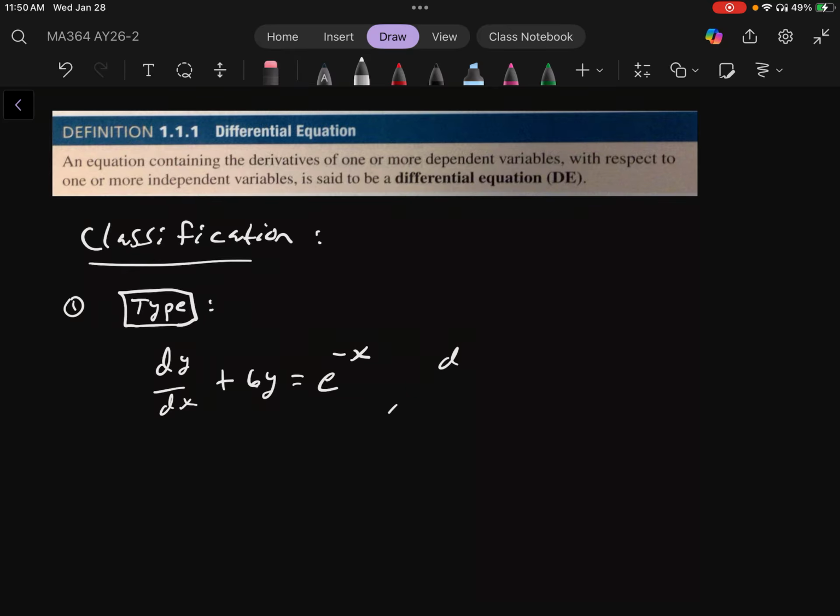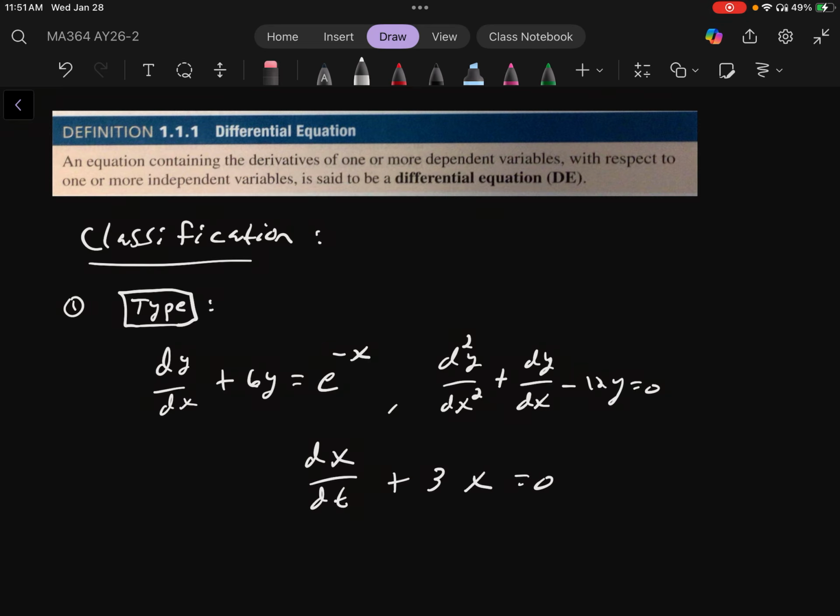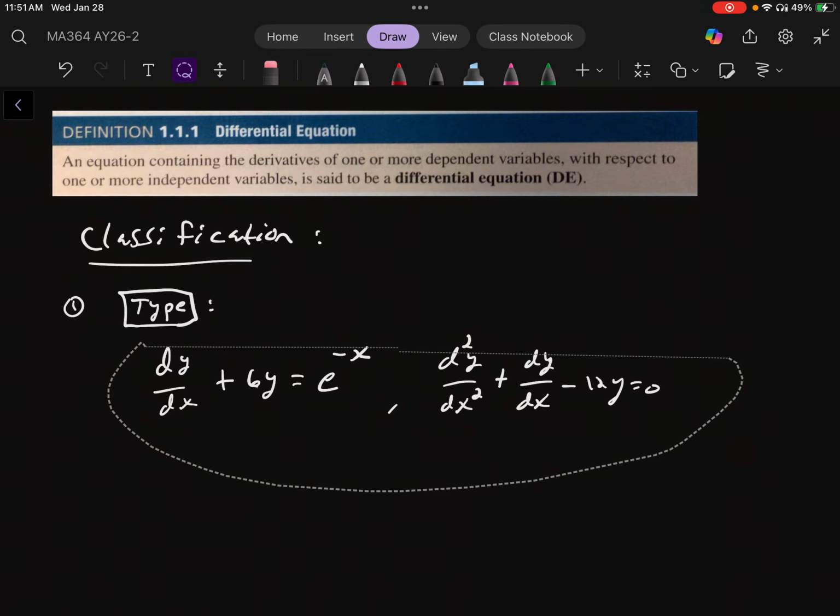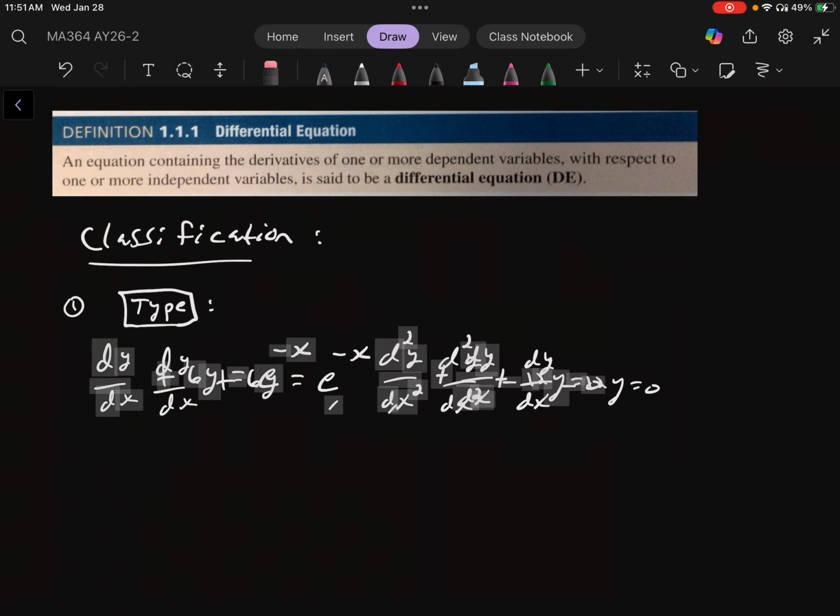Another example would be d squared y/dx squared plus dy/dx minus 12y equal to 0, and maybe dx/dt plus 3x equal to 0. I can actually move these near each other.